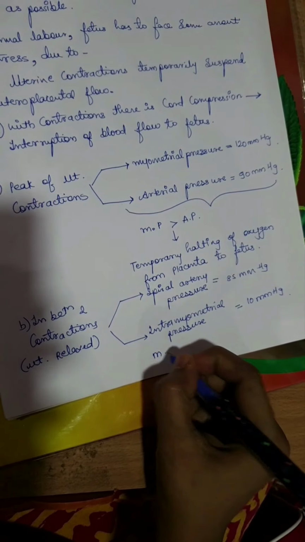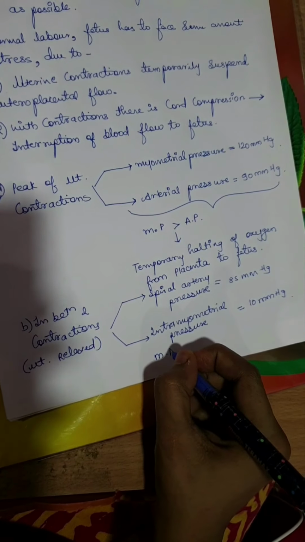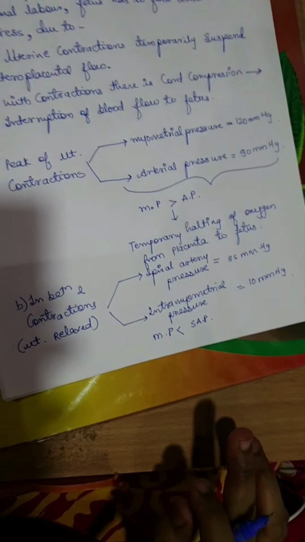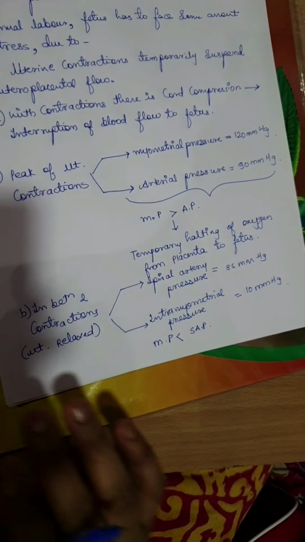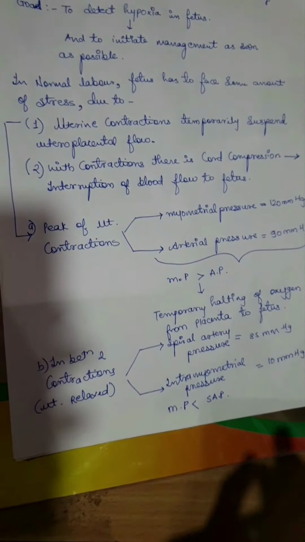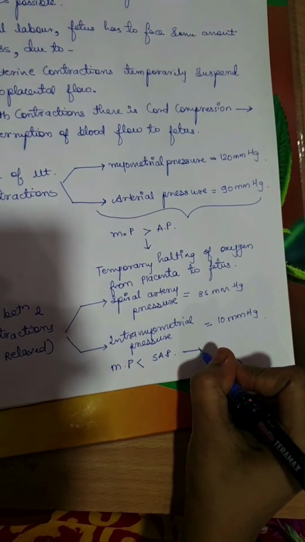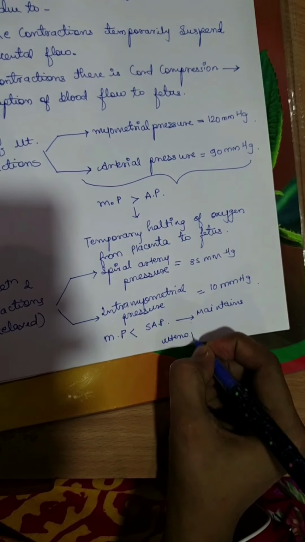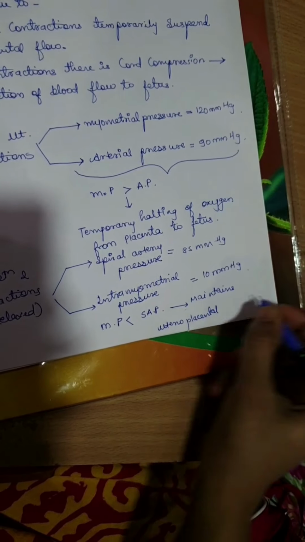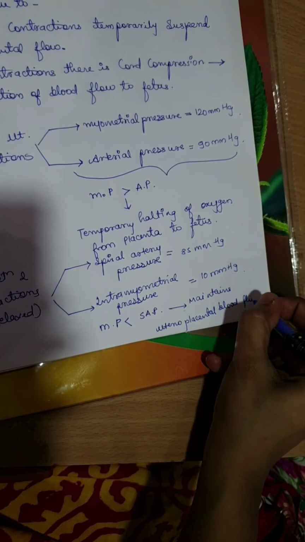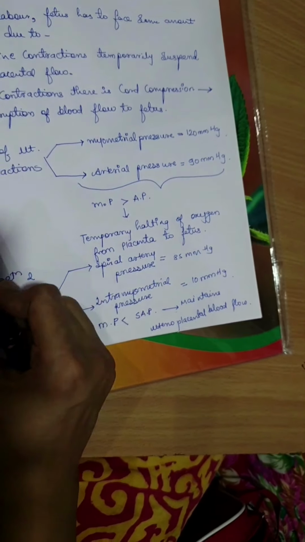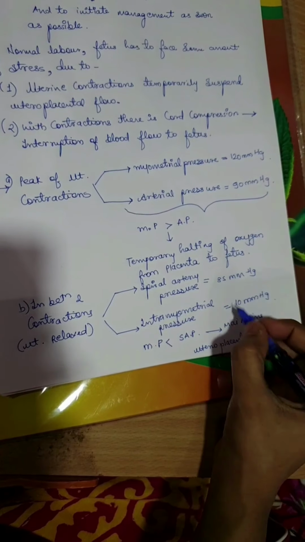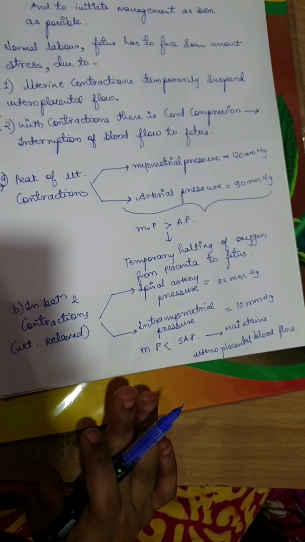So clearly it is seen that the myometrial pressure is less than the spiral artery pressure. So what happens in this period? This maintains uteroplacental blood flow. Whatever loss has occurred during the peak of contractions due to the difference between the two pressures is being filled in between two contractions.